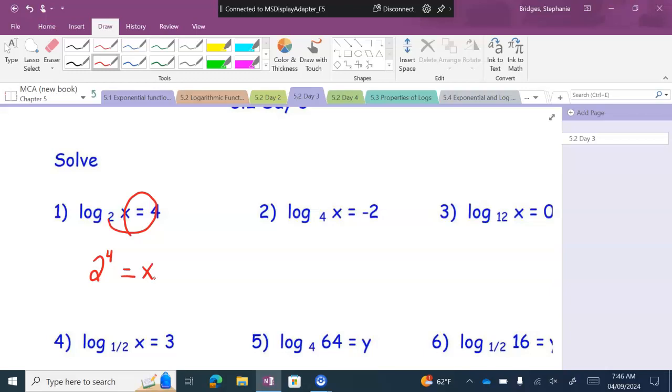And sometimes it's pretty straightforward to solve. When our x is the argument, then all we have to do is figure out what that value is. This says that x is equal to 2 to the 4th power. So we just have to figure out what that is.